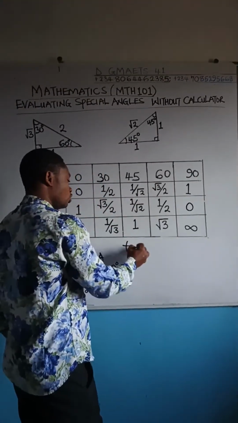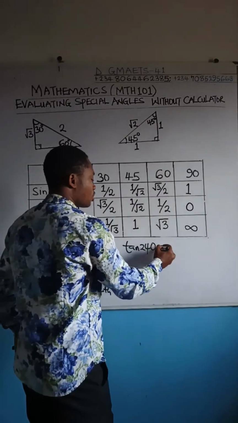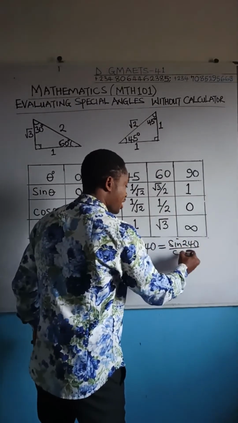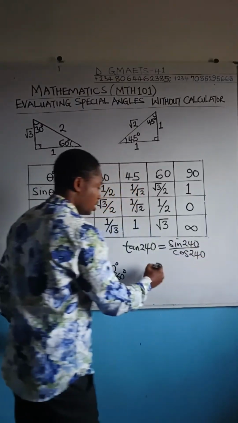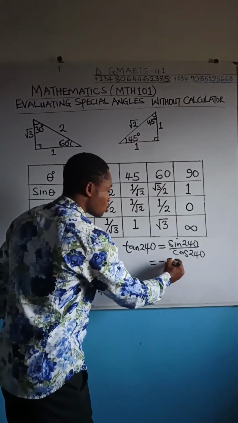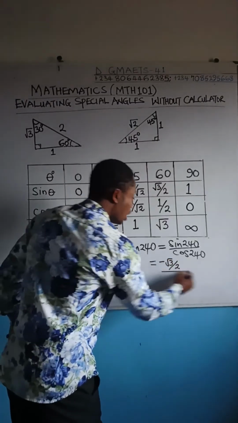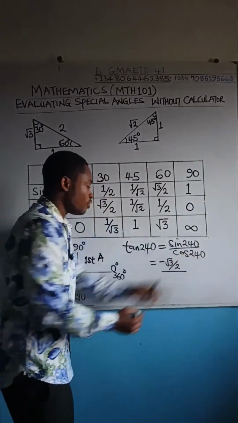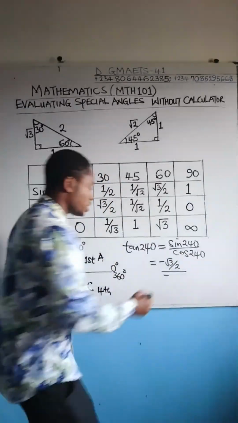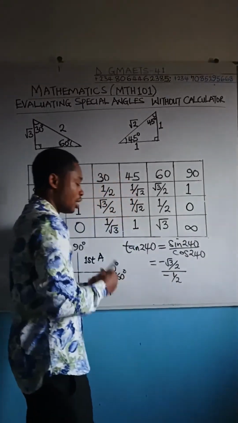Evaluating tan 240, that's going to be equal to sine 240 divided by cos 240. And that, of course, is going to be equal to sine 240, which gives us minus root 3 over 2, divided by cos 240. Cos 240 gave us the equivalent of minus cos 60, which gave us minus 1 over 2.